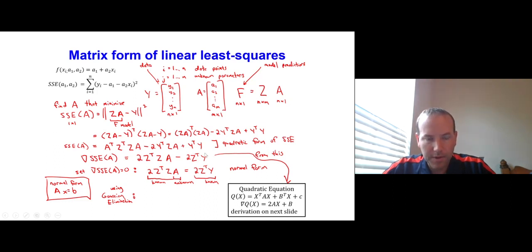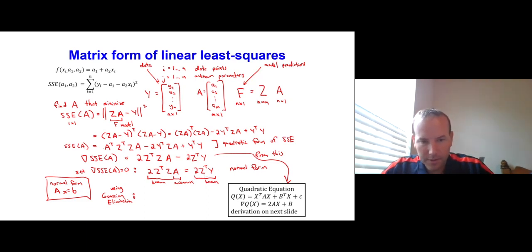Then we want to set that gradient equal to 0, because we want to find a minimum. So if we set the left-hand side equal to 0, we have 2 Z transpose ZA equals 2 Z transpose Y, where the first part is known, the second part, A, is unknown, and this last part is known.